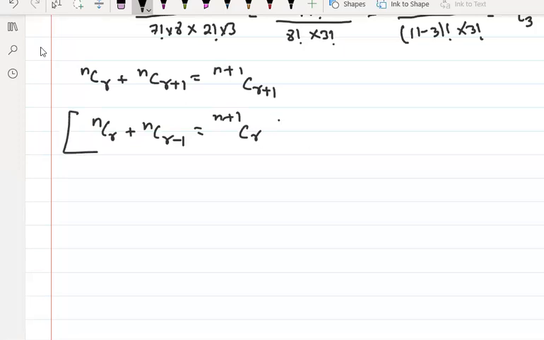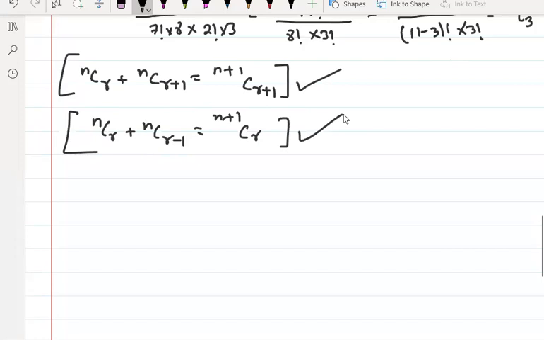Now tell me, this formula and this formula is actually same, yes or no? Right? They're actually same. Yes, guys? Because r plus 1 or r minus 1, it's almost same, right? So sometimes if this formula is given, it's also correct and this is also correct.